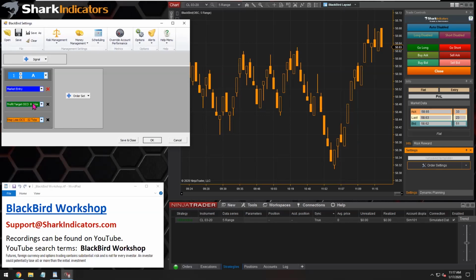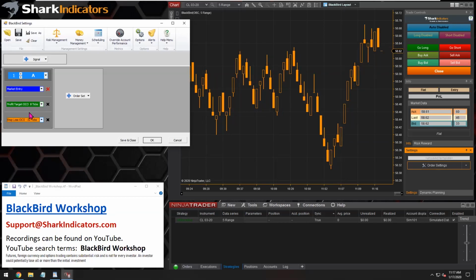If the market pulls back so that the trade is down 16 ticks, then we want that as our condition to add another contract. We want to average into the trade to hopefully try and save the trade.